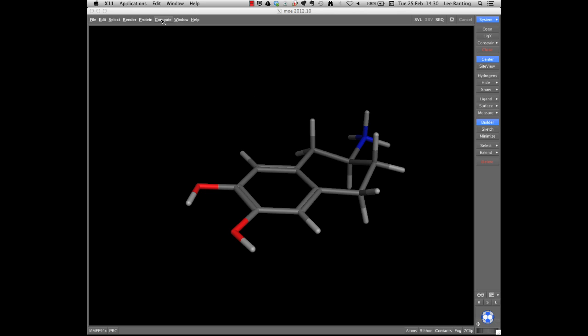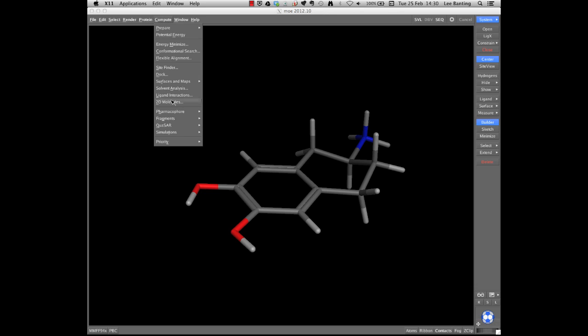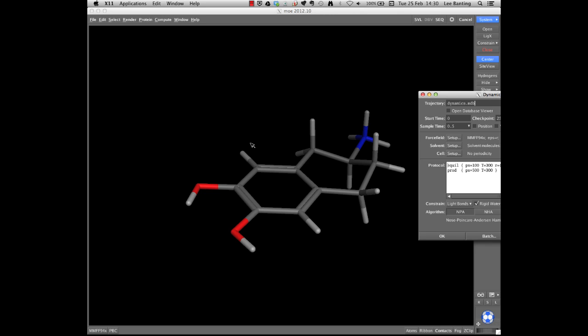One of the things I said that we'd be interested in is how to visualize how the molecule might behave in real thermal motion, and what we can apply is a simulation called molecular dynamics.